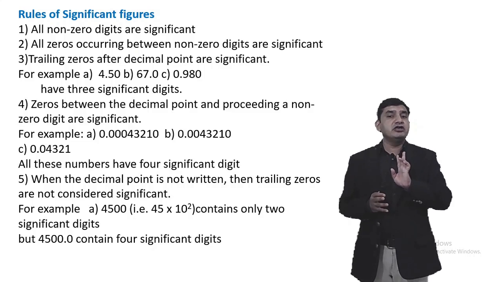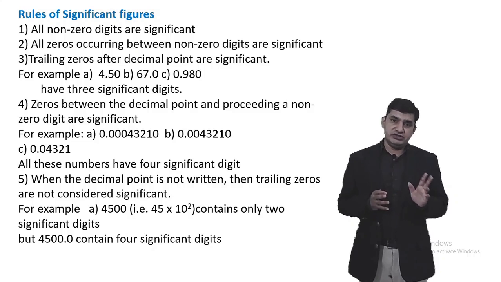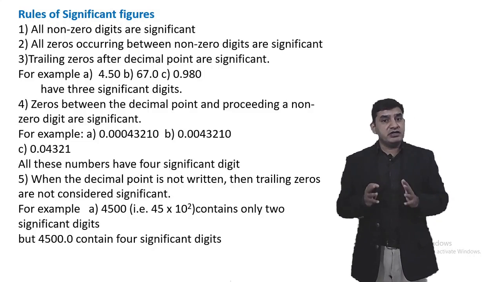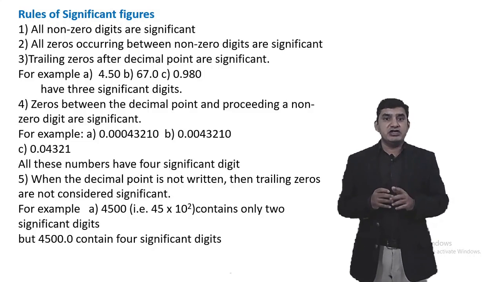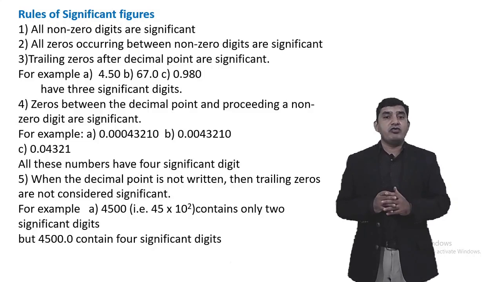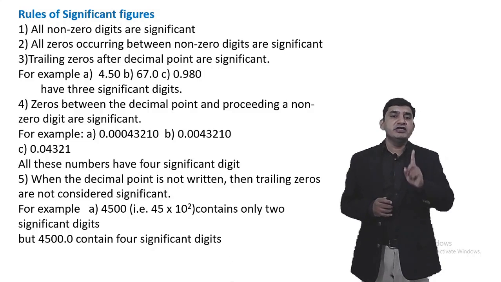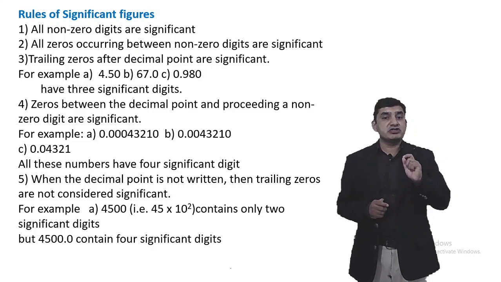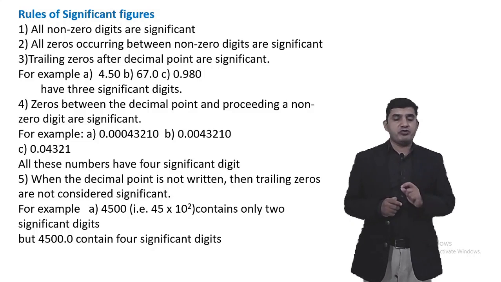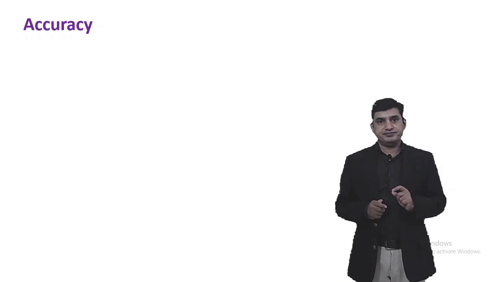Then it contains 2 significant digits. But if the number is 4500.0, this has 4 significant digits because this number contains a decimal point. Okay.